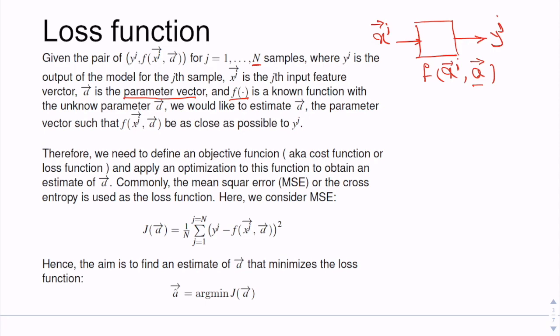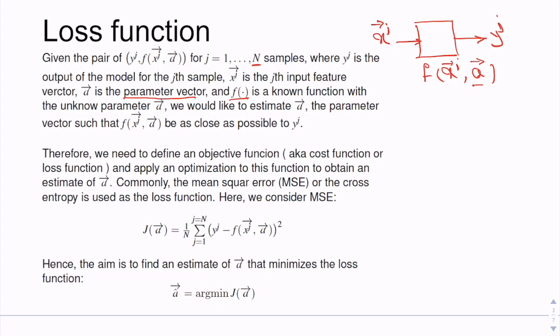For instance, when we talk about the logistic regression classifier, we know this is a logistic function, but we don't know the parameters of that logistic function. It is important to note that f is always known, but the parameters of f are what we need to compute.